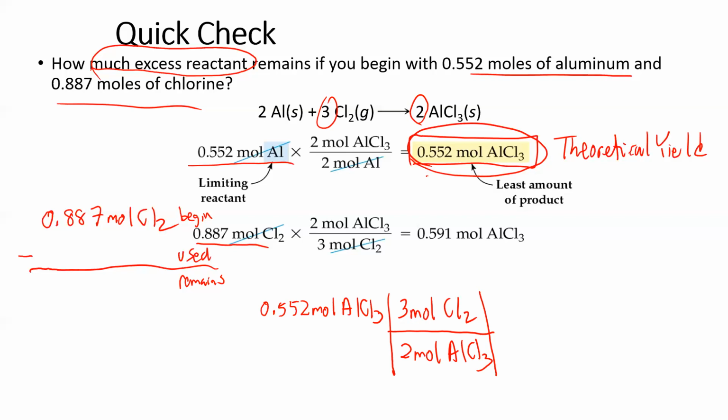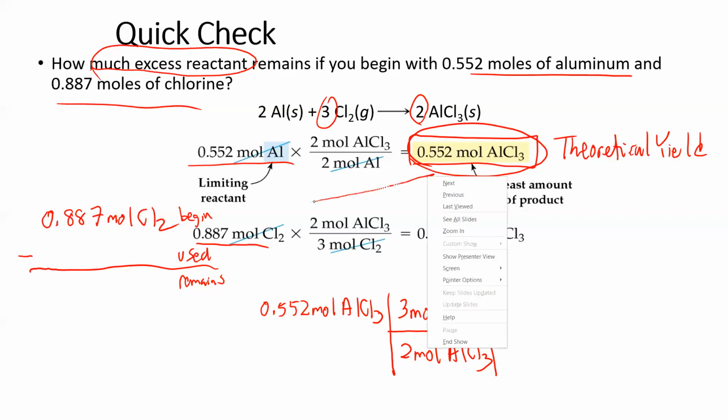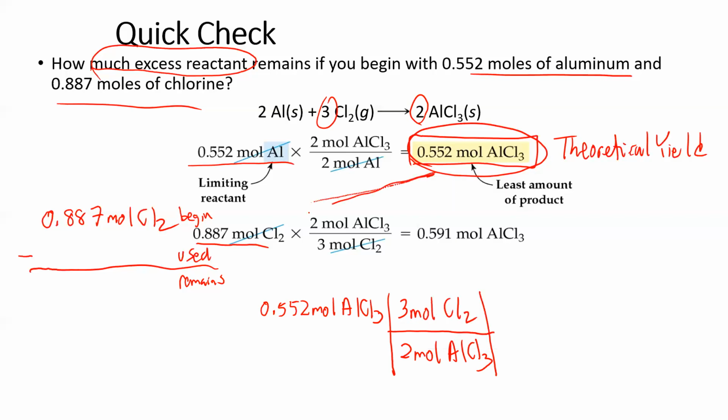Basically, I'm taking my theoretical yield and working back to the excess reactant. That's all I'm doing. When I calculate this out, I get 0.828 moles of chlorine react. So that's how much gets used up.